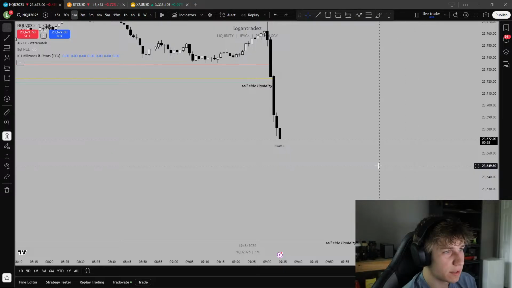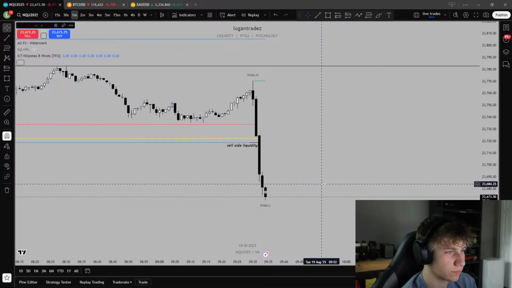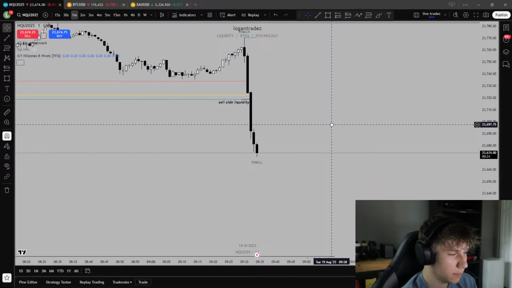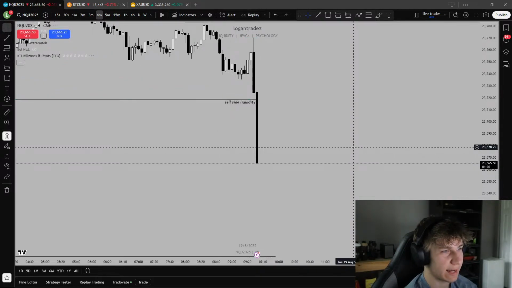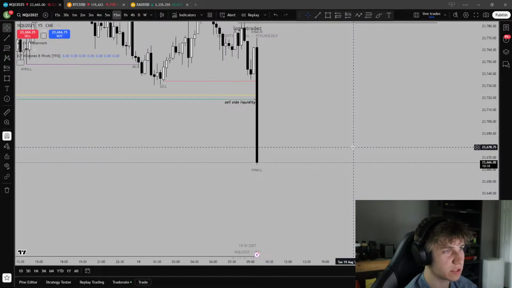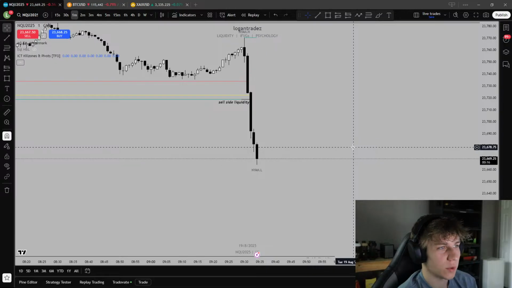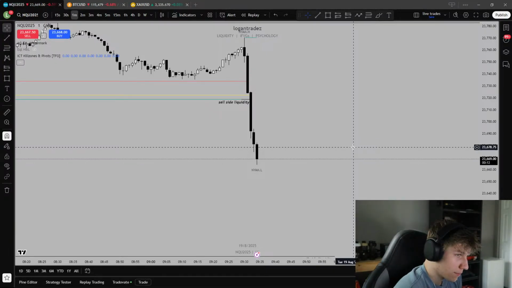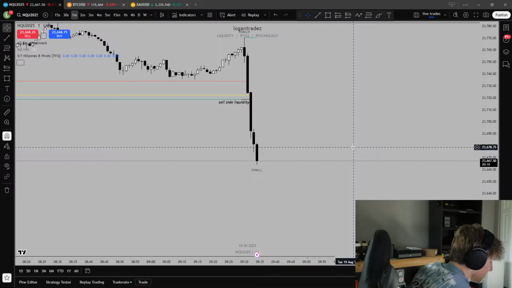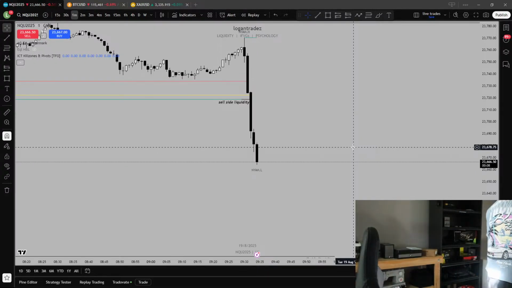Price is just dumping here. If we form any gaps, we could look for a continuation setup. But we just gotta wait to see if we get that. Or we could sweep it and get a mech model back up.